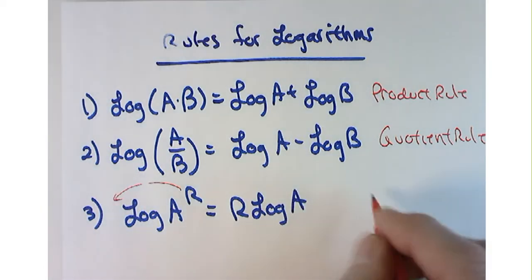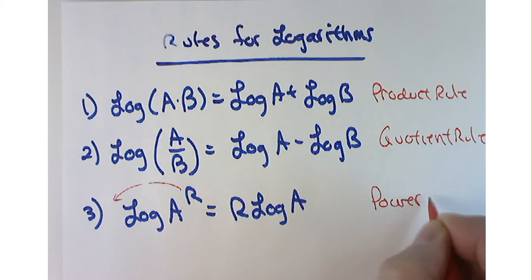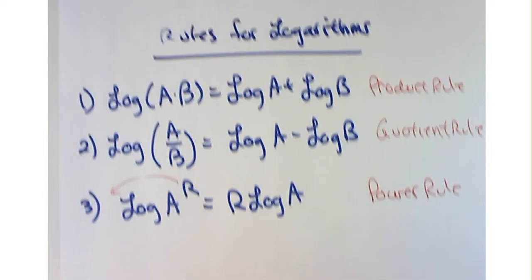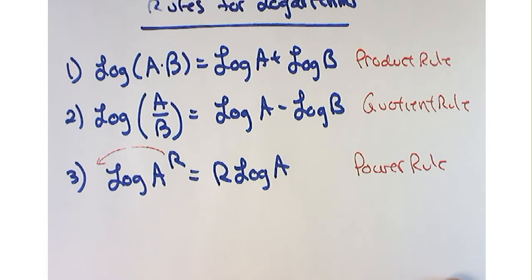But that's your power rule. And that's great. Now, there's 4 more properties of logs that I would suggest you know. 2 of them are crucial. 2 more are just handy. So let's take a look at those.